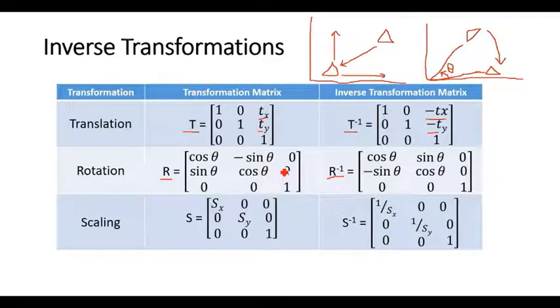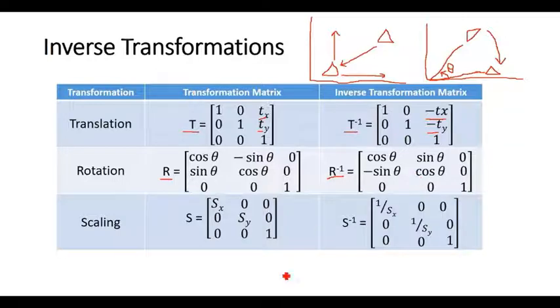If in this matrix I consider minus theta, I would get this matrix. Cos minus theta is cos theta, sine minus theta is minus sine theta. However, I already have a minus sign here, so this would be positive sine theta. This will become a negative sine theta, and this will be cos theta.